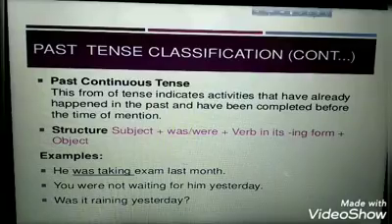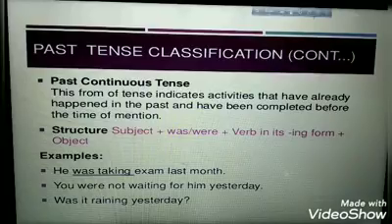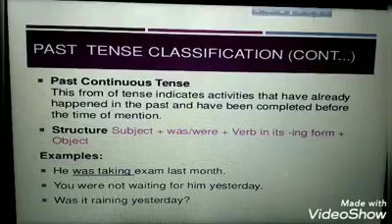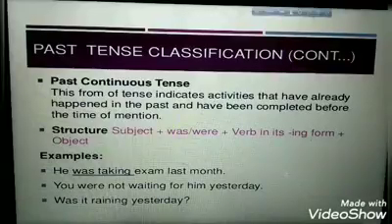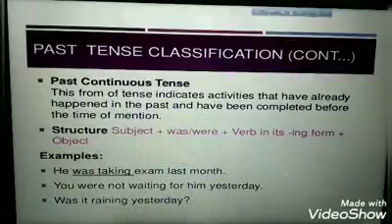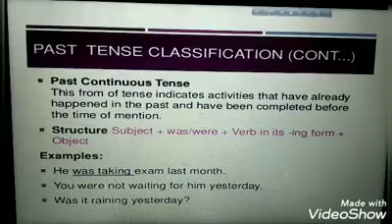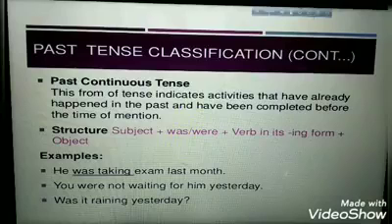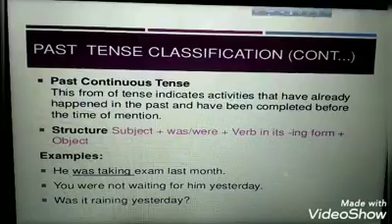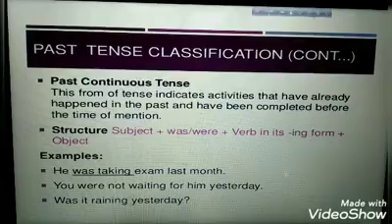And the structure of past continuous tense: subject, was, were, plus verb in its ing form, and object. Okay. He was taking exam last night. You were not waiting for him yesterday. Was it raining yesterday? So these are the examples of past continuous tense.